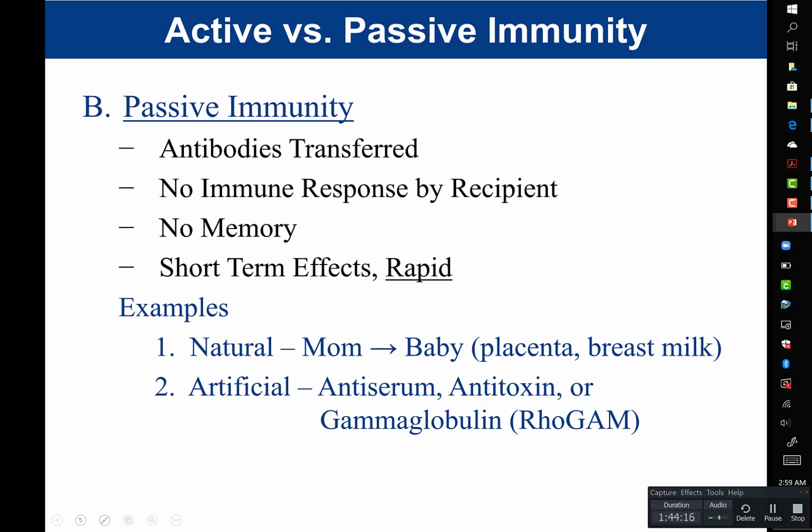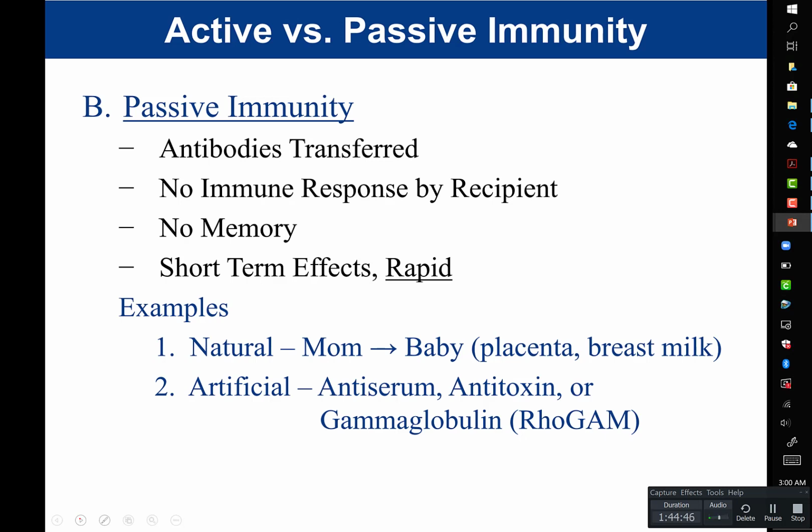An example of antibody transfer that happens naturally is from mom to baby via the placenta when the baby is in utero, or breast milk once the baby is born. And so that's why you hear people say, breast milk is good for babies. Well, it is good because any antibodies that the mom produces get passed to baby. And those antibodies help protect the baby.